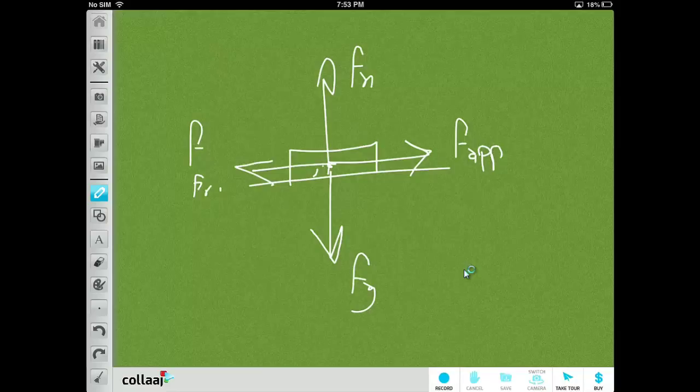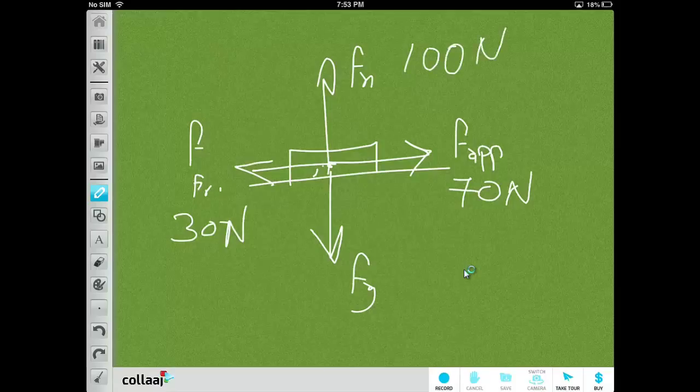Let's have some numbers. For example, this is 70 newtons, this is 30 newtons, this is 100 newtons, and this is 100 newtons.